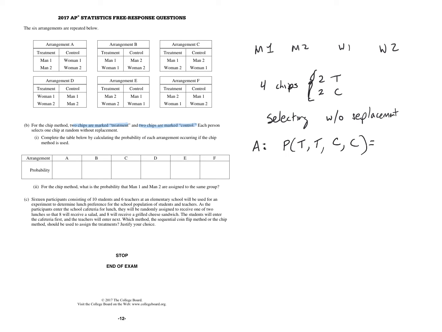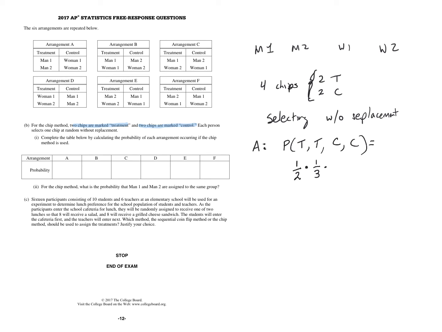And we would say, okay, well, the probability of getting a treatment for the first man, for man 1, is 1/2, because it's 2 out of 4. But if he's taken that one, then the probability that man 2 gets treatment is only 1 out of 3, because there are only 3 chips left and only 1 of them is a treatment chip.